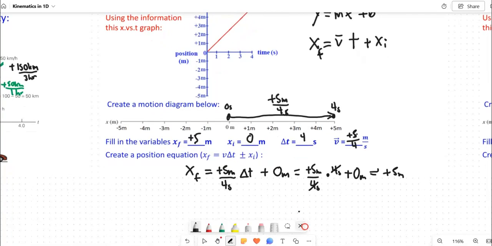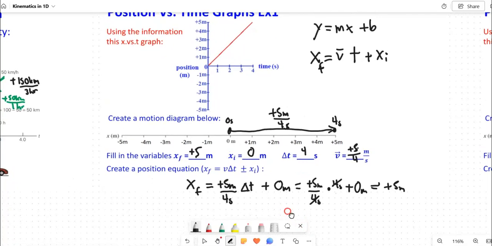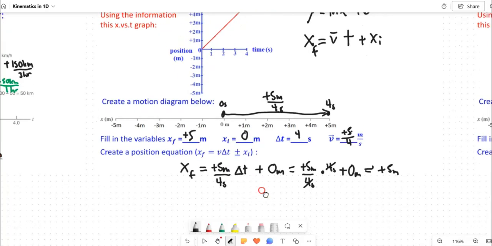So this linear fit seems accurate. Let's see where it's going to be at the 8-second mark. Well, positive 5 meters over the period of 4 seconds times 8 seconds plus 0.